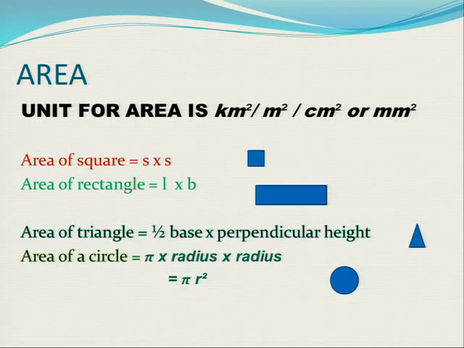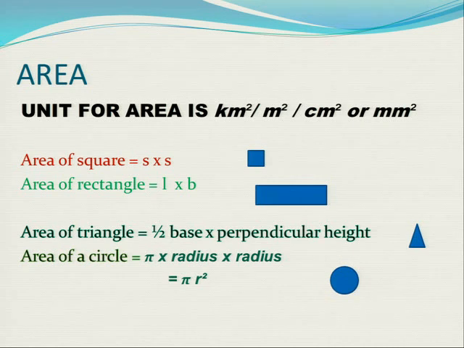Now the area, we are nearly there. Then we're going to start doing some problems. So just in a few minutes we're going to be finished with this. The unit for area is kilometer square, meter square, centimeter square, or millimeter square. The area of a square is side times side.